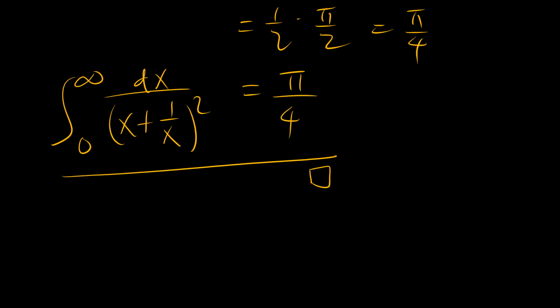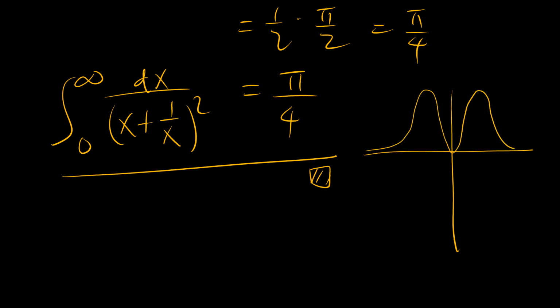And for those of us who may be interested in knowing how this graph looks like, it's something like that, right? As x tends to infinity, this becomes larger and the entire thing goes to 0.